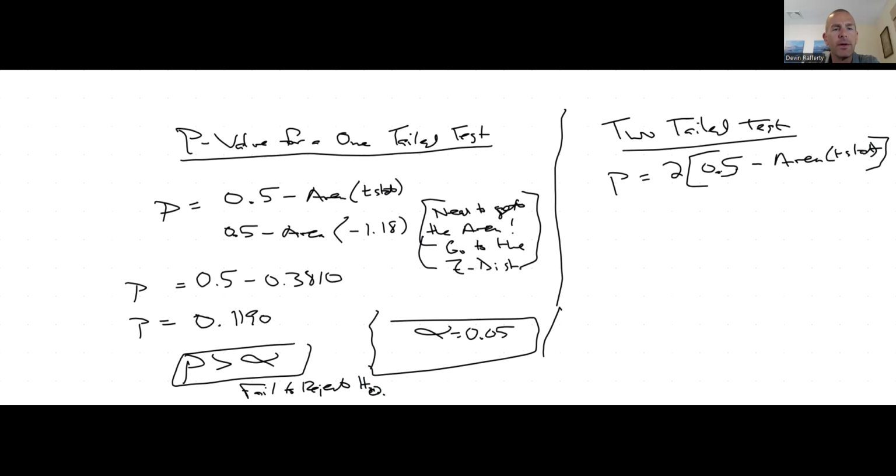When you're comparing the population against a specific value, that's a one sample hypothesis test, and you can have a one-tailed test or a two-tailed test. I'm trying to pull up the whiteboard here.